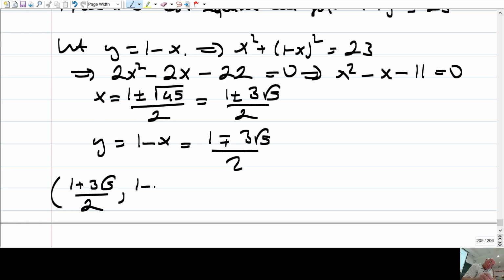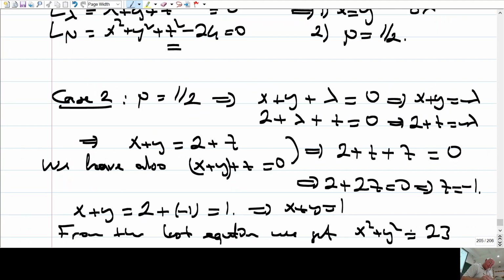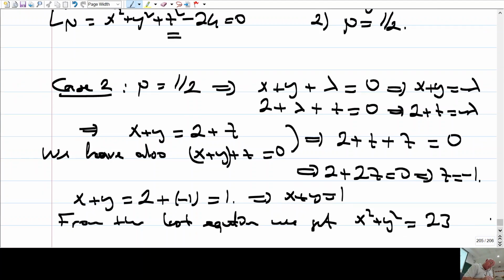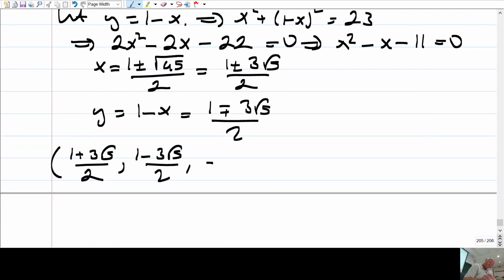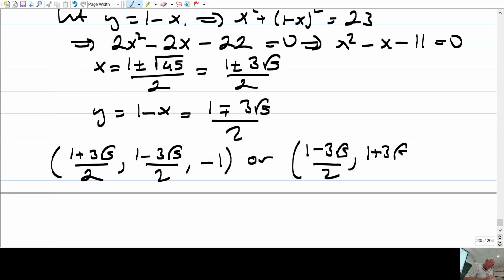X buysa y 1 eksi 3 kök 5 bölü 2. Z neydi? Z was minus 1, right? Minus 1. Or 1 eksi 3 kök 5 bölü 2. Bu eksi ise bu sefer y artı olacak. Minus 1. So we got 2 points from this.